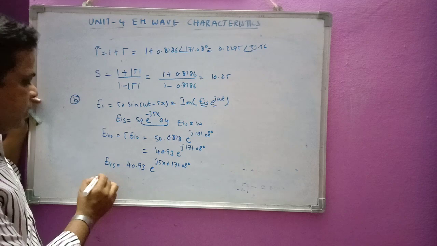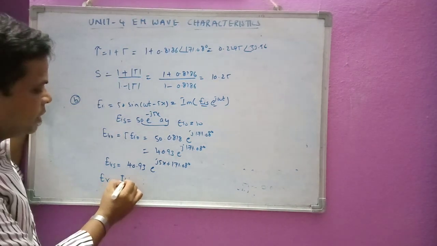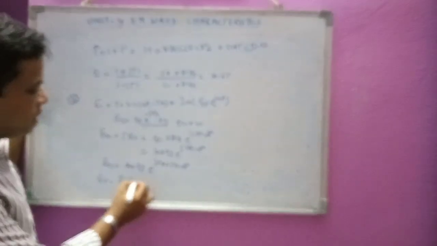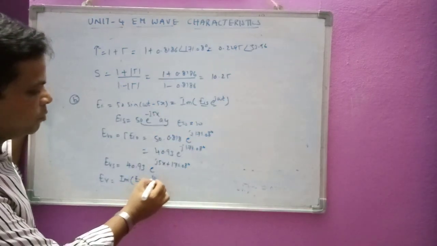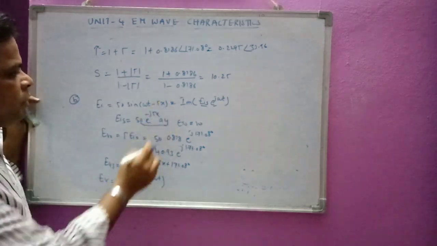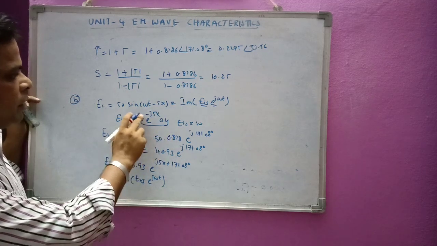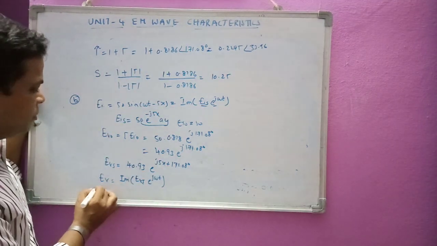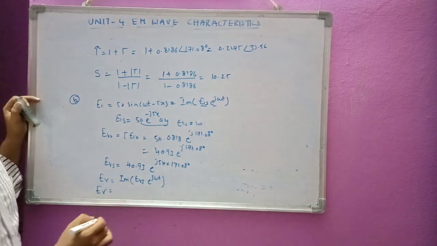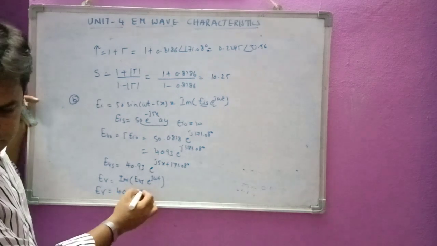Now I can write the reflected electric field as the imaginary part of this, that is ERS e power j omega t. Again I am doing the reverse procedure for this one. Okay, I have taken the sinusoidal form. Now from sinusoidal, again I am getting this ER value. ER is equal to, I can write here as 40.93.